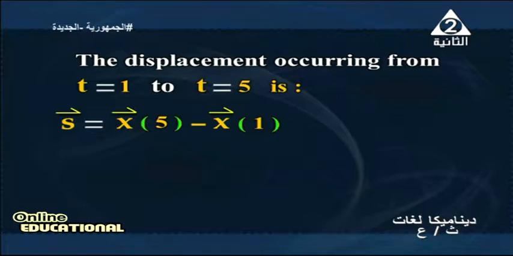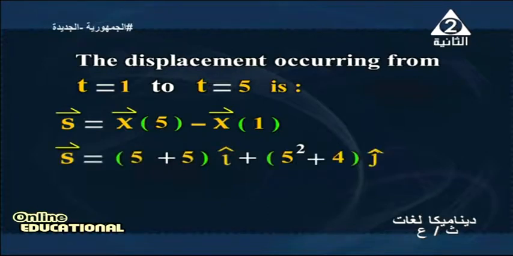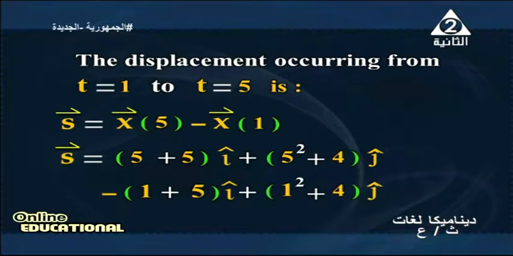The position vector x is a function in time. Then the displacement S is a function in time. Then S equals (5 + 5i + 5² + 4j) minus (1 + 5i + 1² + 4j).